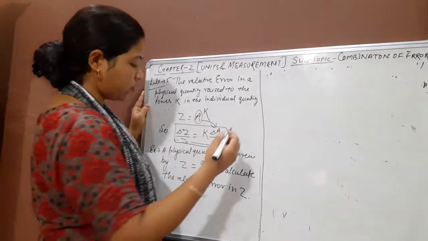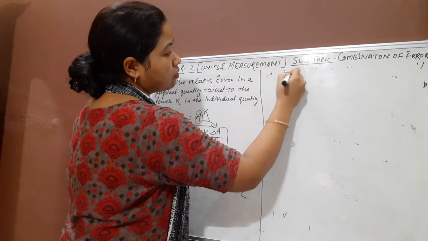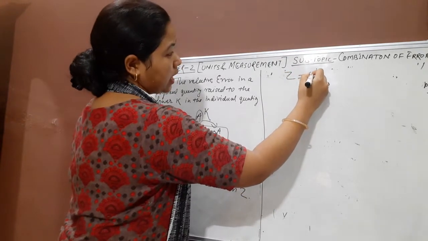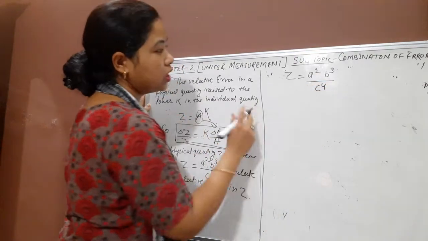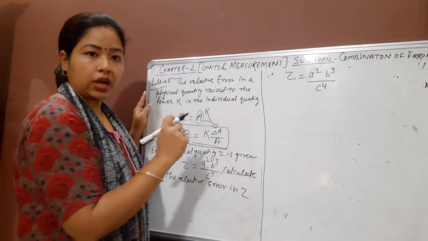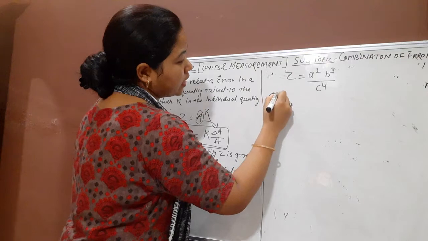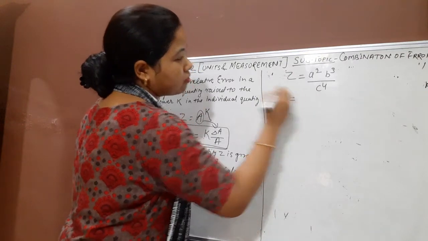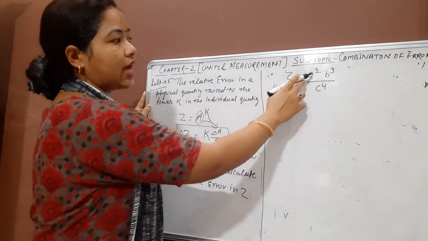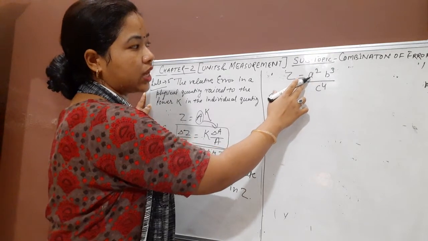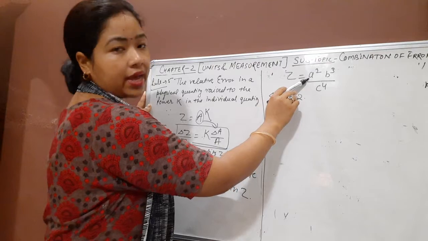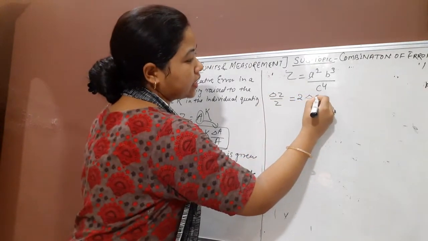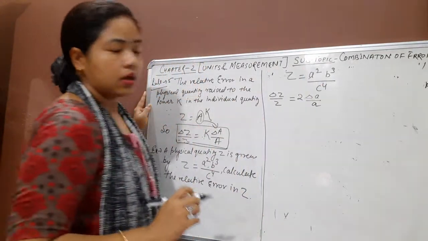So we can write z equals a square b cube upon c to the power 4. We will write the quantity z in terms of relative error. So delta z over z equals, now the last rule says that if any power is raised to any term, the power will be multiplied and that value can be written in terms of the relative error, that is 2 delta a upon a, right?